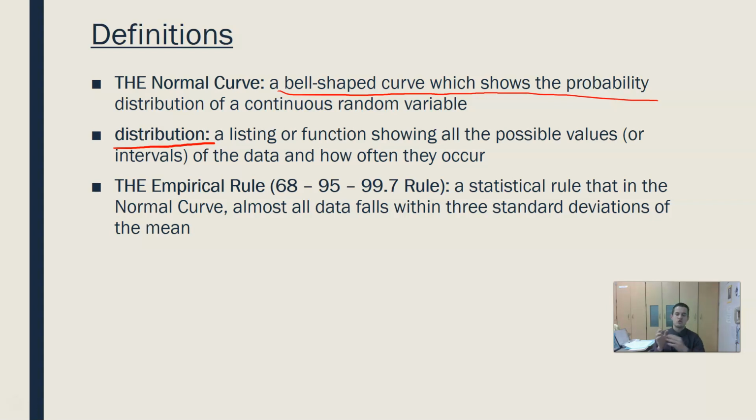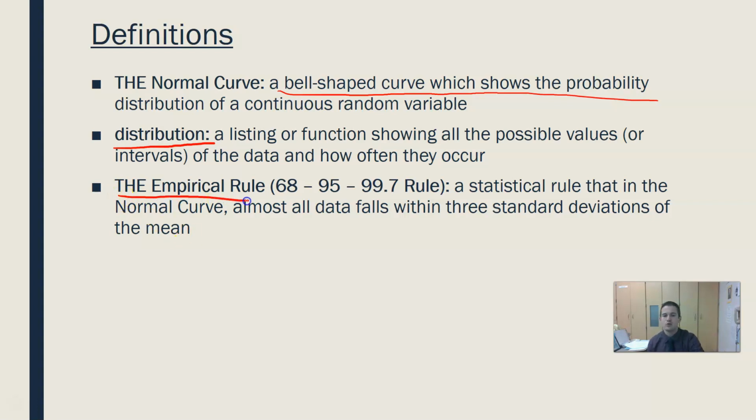A distribution would show all the possible intervals for height, so say from like 40 to 50 inches, 50 to 60 inches, 60 to 70 inches, whatever, and how often those values occur. It's a frequency distribution, or a frequency histogram. It just lists all the possible values or intervals of the data and how often they occur.